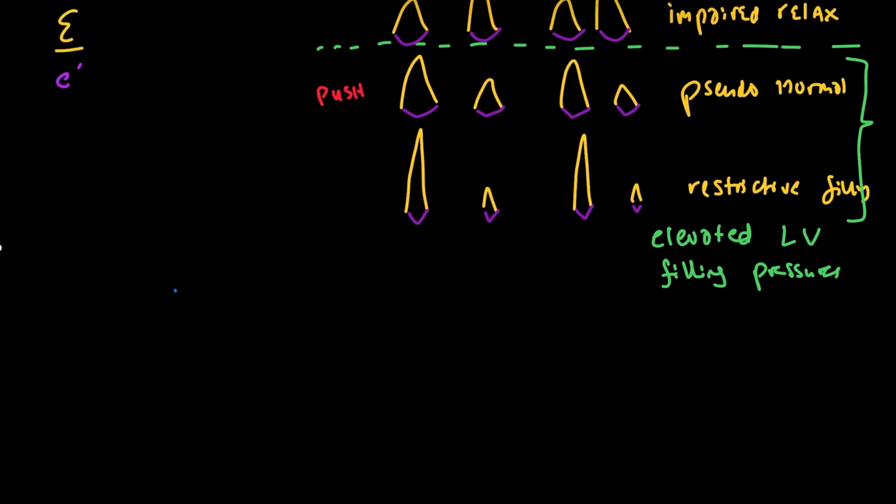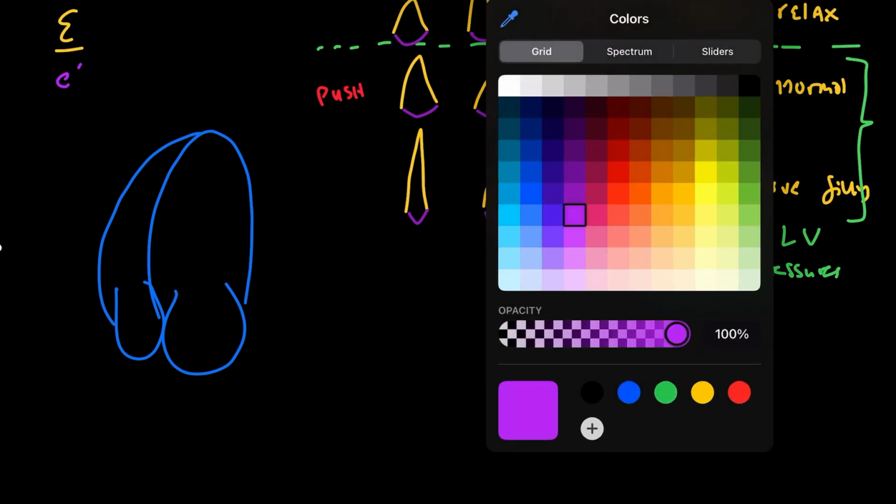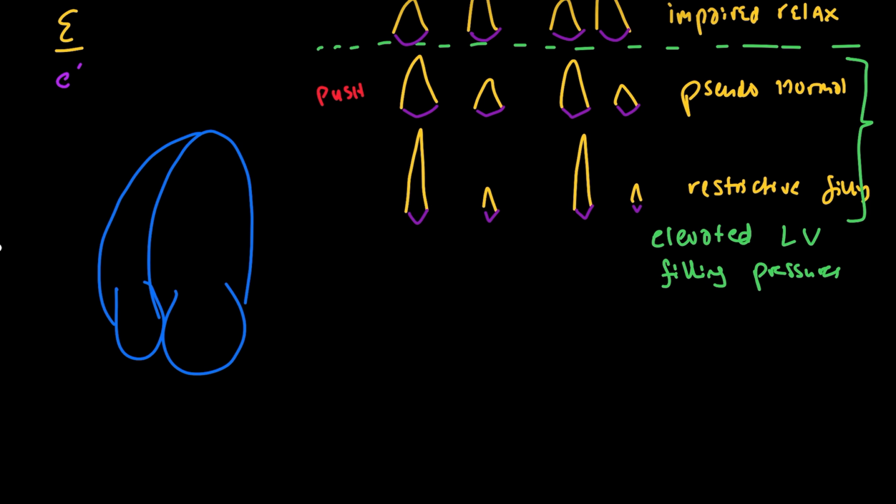So again, we've got our left atrium that empties via the mitral valve into our left ventricle, right atrium. And so we said that for tissue Doppler, we wanted at least 6 when we measure here.